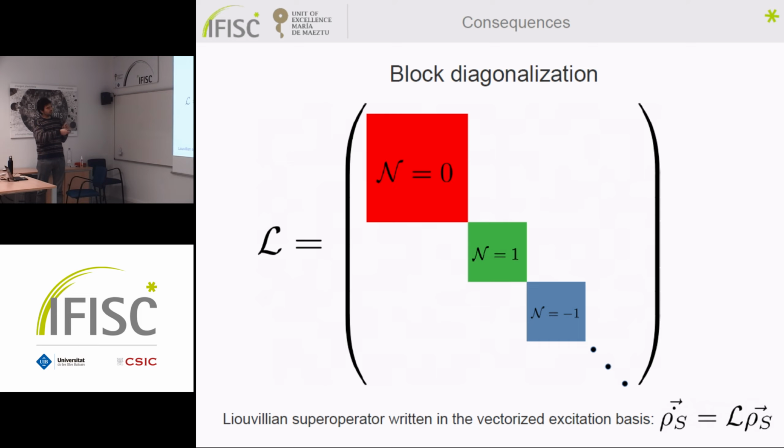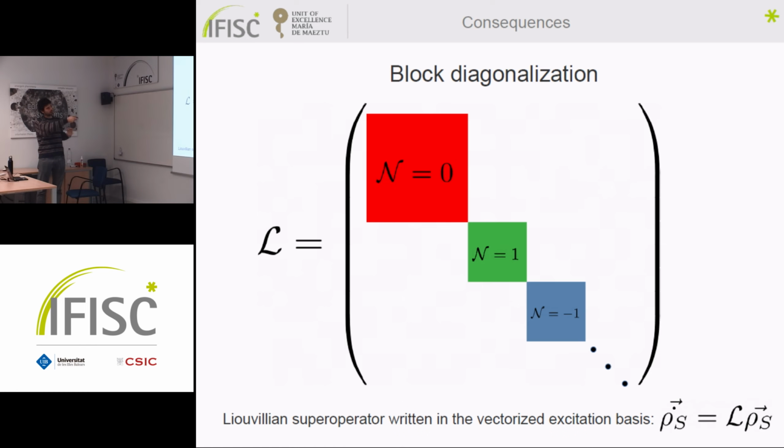You see that here I'm doing something that, again, is a bit mathematically technical, that is, I'm writing this superoperator as a big matrix. Before it was just a superoperator, an abstract object there in the space of superoperators. Now I write it as a big matrix acting on a vector that is given by the density matrix of the system. So I'm doing this operation, then I will explain a bit with an example that maybe is better to look at.